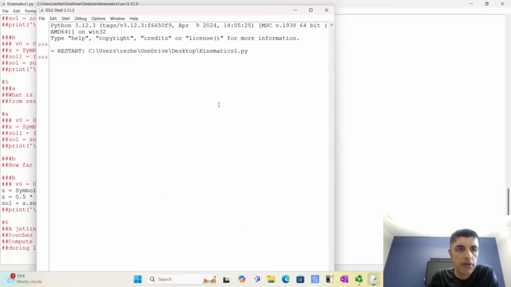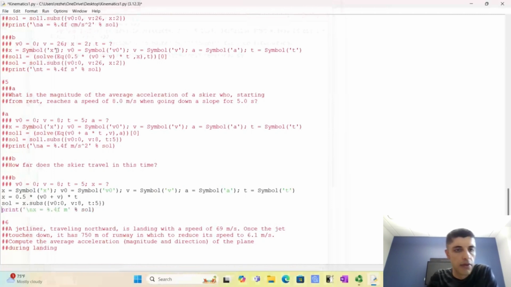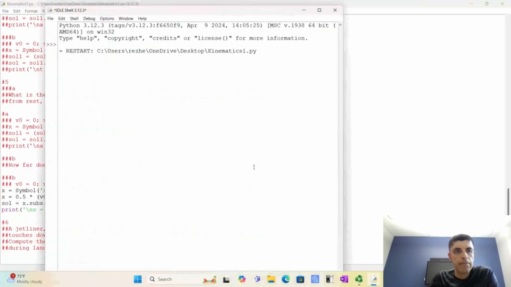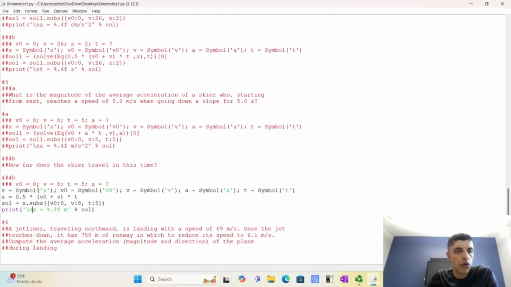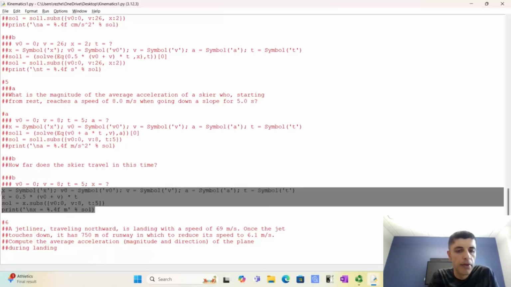Oops, I need to uncomment this line. So let's run the code and see what we get. So displacement is 20 meters of the skier for 5 seconds, going with a speed of 8 meters per second for 5 seconds, starting from rest. It's 20 meters. All right, so that's how we do that problem.